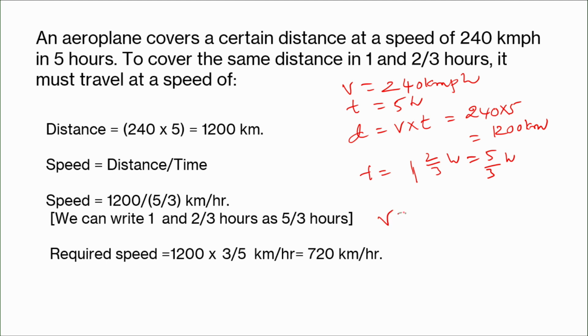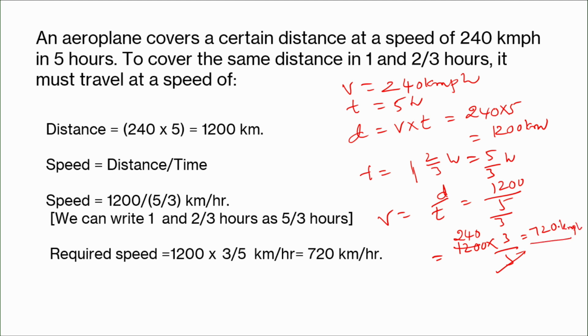So speed equals distance by time, that is 1200 by 5 by 3, or 1200 into 3 by 5. Correct? So 5 ones are 5, 5 twos are 10, 240; 240 times 3 is 720, 720 kmph, kilometer per hour.